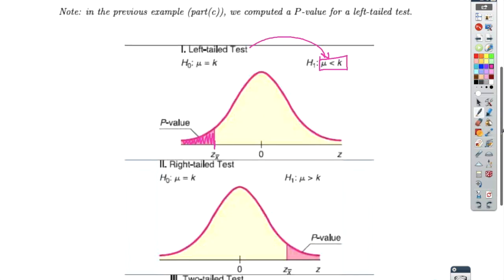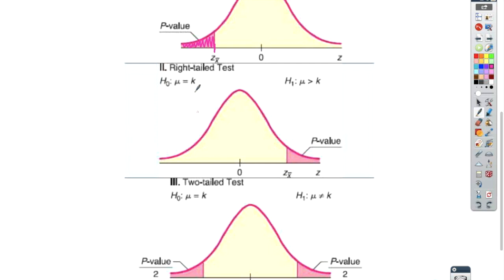If you're doing a right-tailed test, so your alternate hypothesis is greater than, then in that case, you are going to need to adjust your area by subtracting from 1. Because remember, the table always gives you the left area, so you'll just have to do 1 minus your table value. And that'll give you your right area.